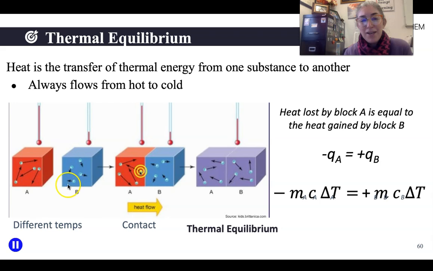The way we can write that mathematically is that A is the hot block here, B is the cold block. The heat that is lost by A is going to be equal to the heat that is gained by B. And so we can use those MCAT equations and set them equal to each other in order to figure out what the new temperature is going to be, what the temperature change is.